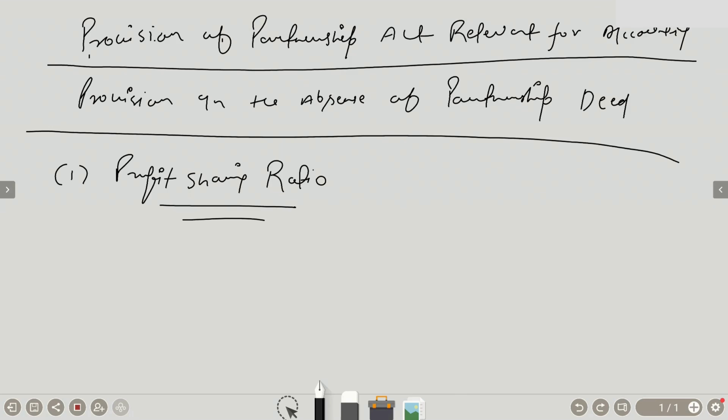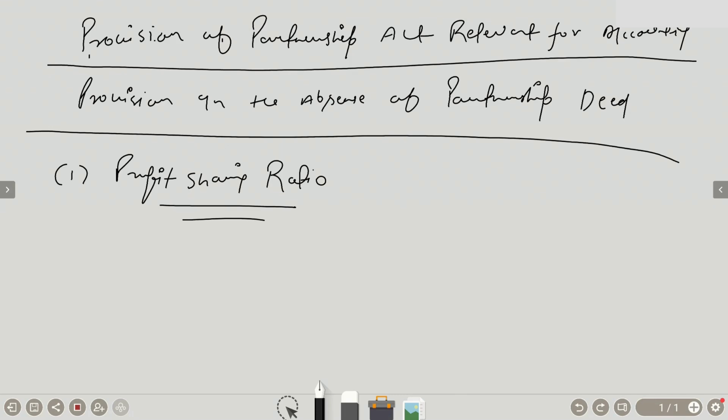So if the partners forget or omit to record the profit sharing ratio between them, one of the provisions of the Partnership Act 1932 says that the partners share the profit equally among them.